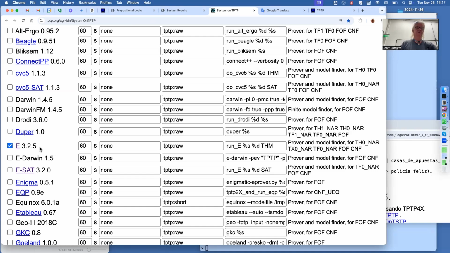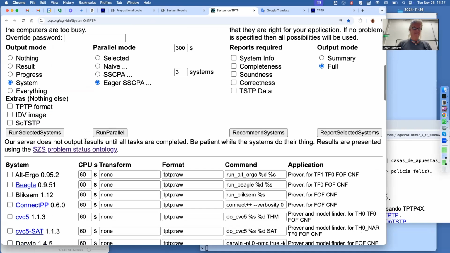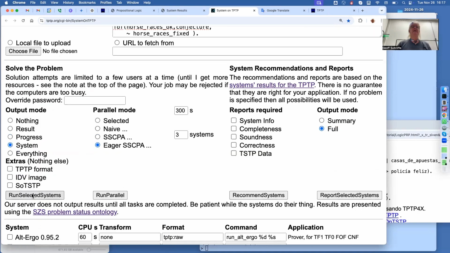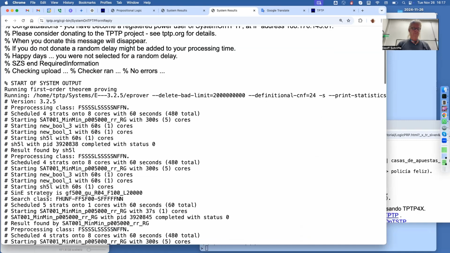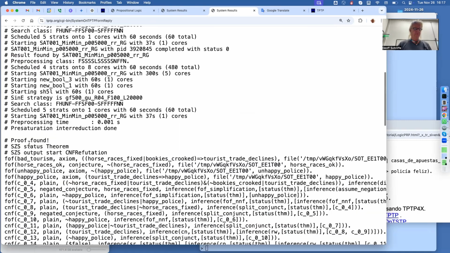And then we do run selected systems. Proof found. Yay. It's done. We have a proof.